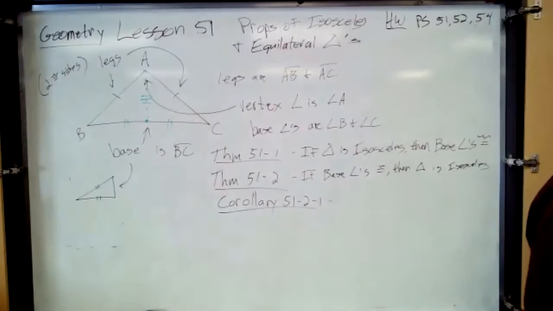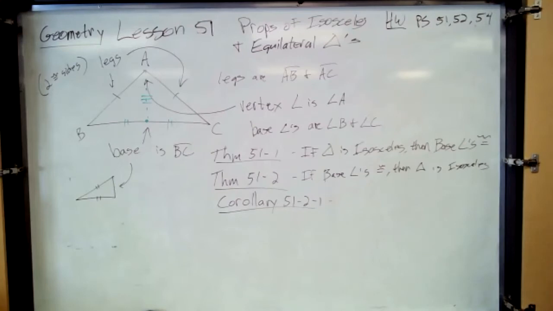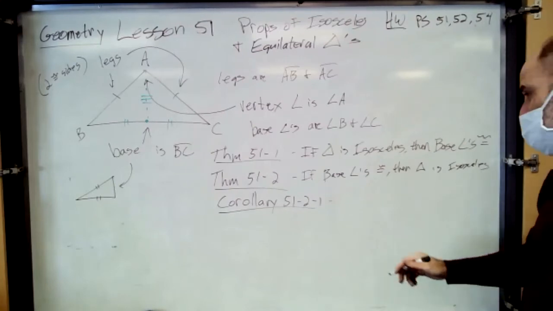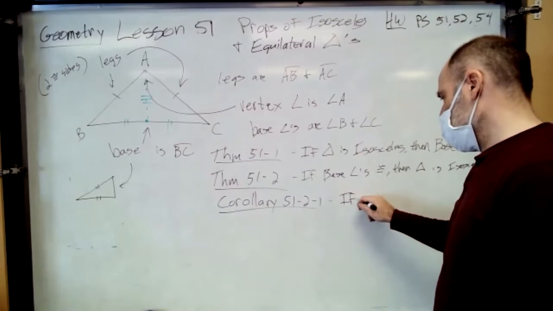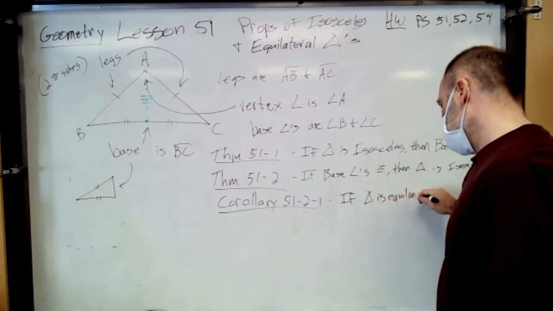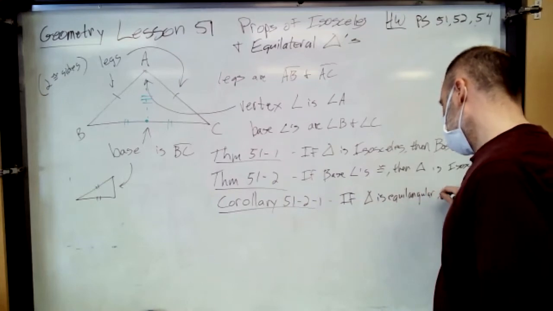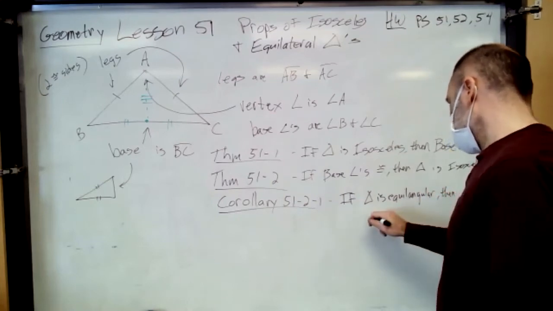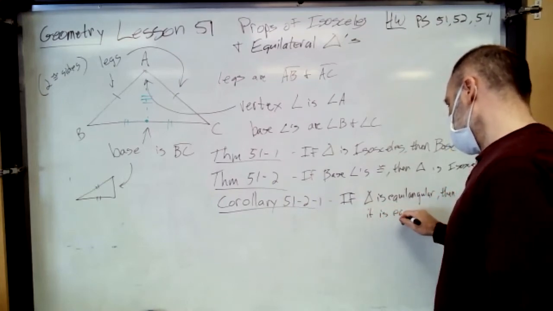And that makes sense because if two angles are congruent, their opposite sides are going to be congruent. So in an equiangular triangle, that makes sense. If a triangle is equiangular, then it is equilateral.